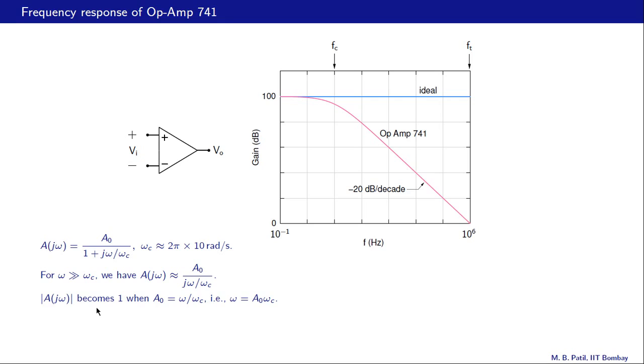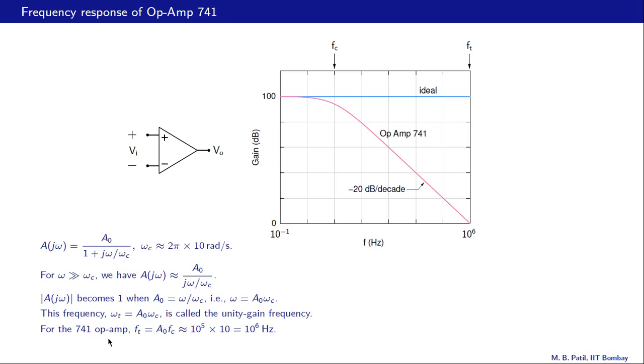And note that the magnitude of A of j omega becomes 1 when A0 is equal to omega by omega c. That is, when omega becomes equal to A0 times omega c. And this frequency, omega equal to A0 times omega c, is called the unity gain frequency, and it is denoted by omega with a subscript t.